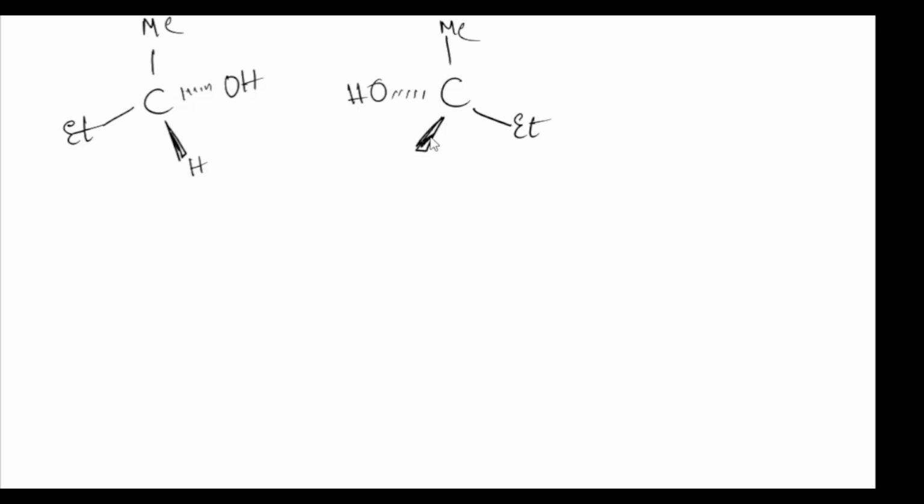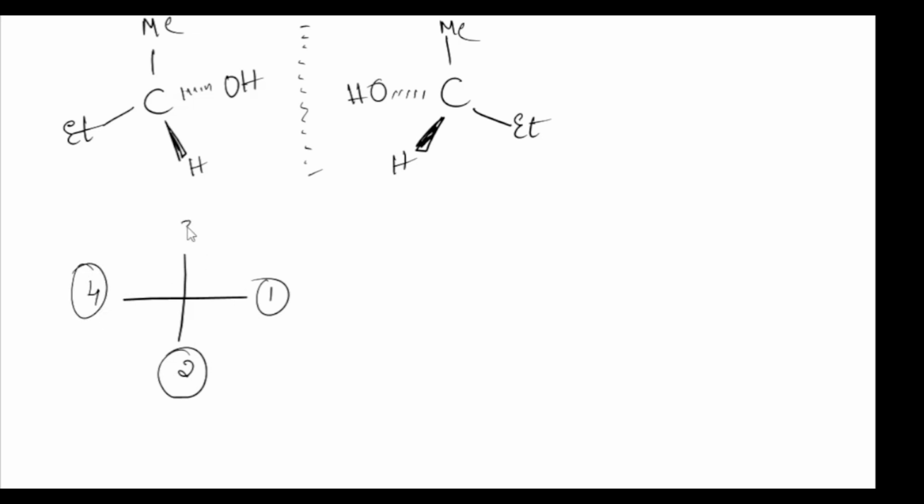If we know the R and S configuration, we can assign the configuration to this. I will assign the R and S configuration. I get this as 1, then here I am getting 2, and here I am getting this as 4, and this one as 3, like this.